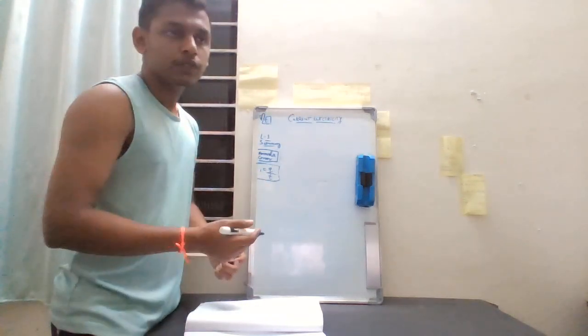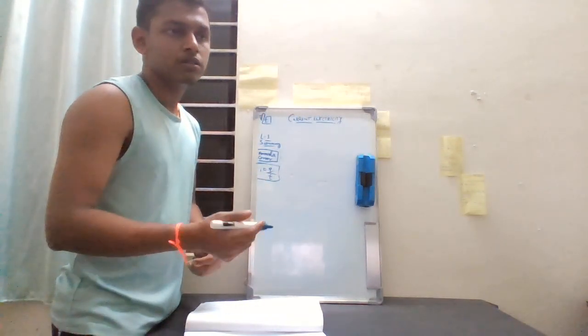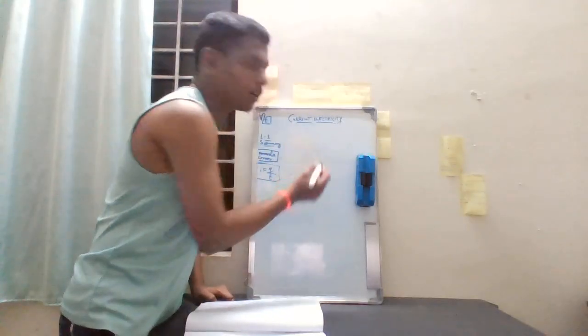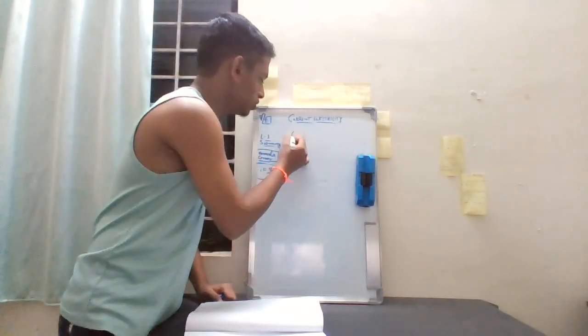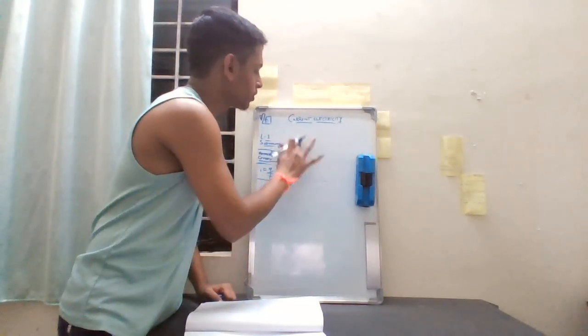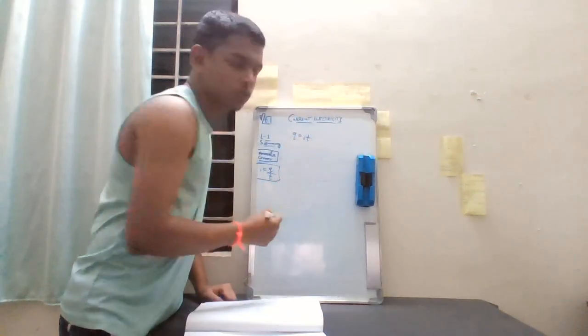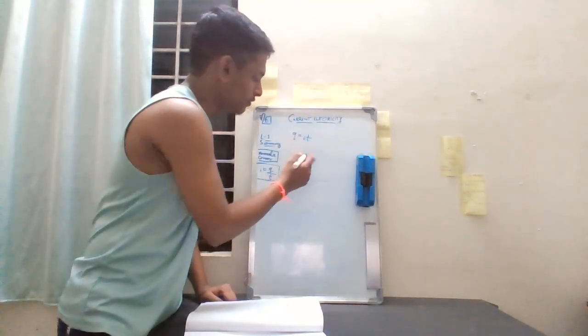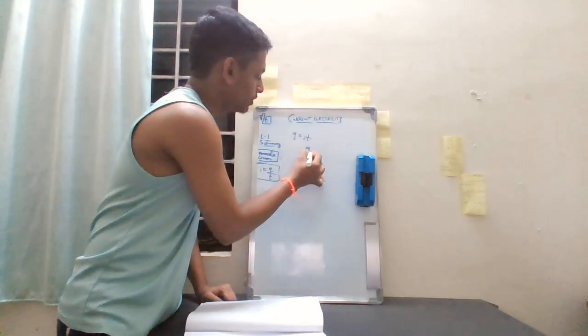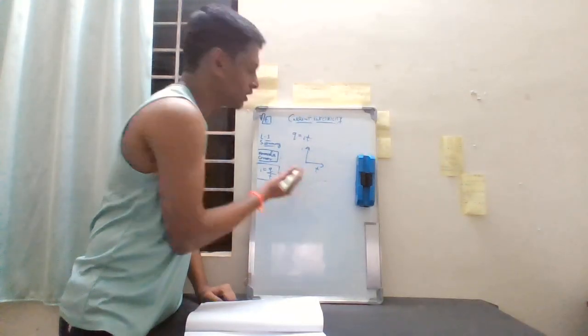So one of the graphs we can use is to find total charge, which is q as I into t. We can use the I-t graph, I versus t graph, with I on the y axis and t on the x axis.